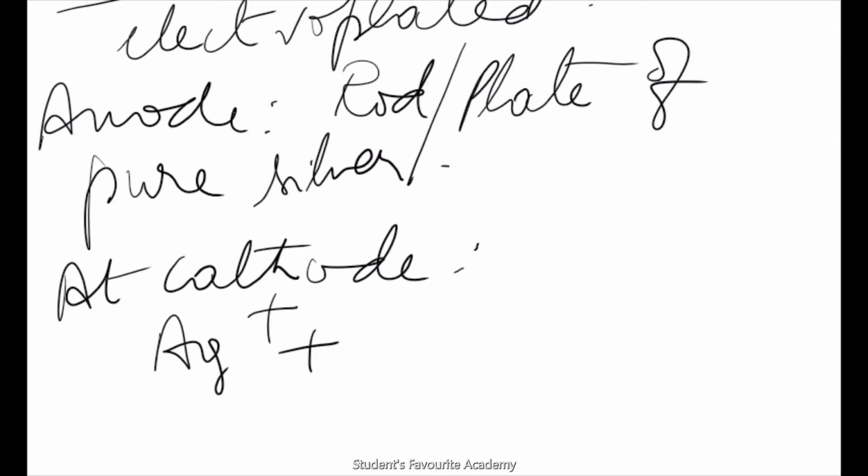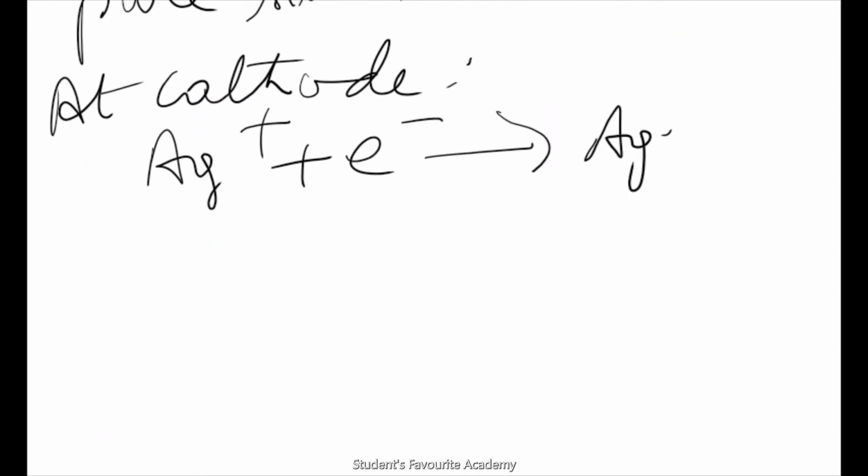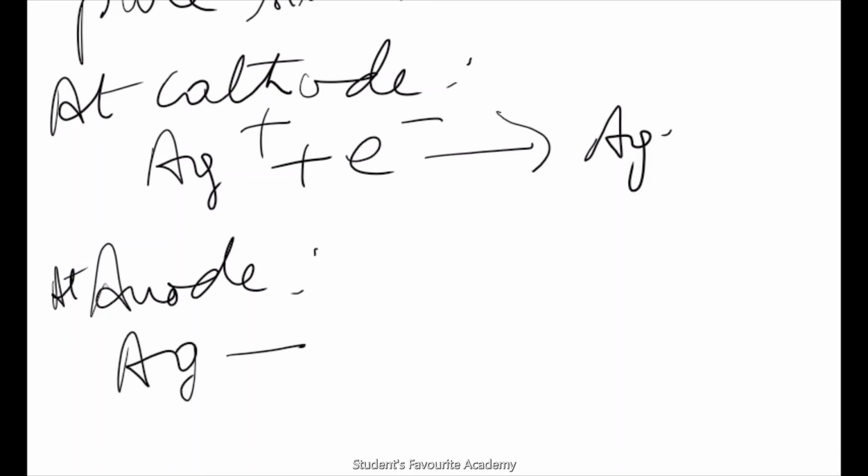So at the cathode, Ag+ accepts electrons and forms neutral silver. And at the anode, the silver from the anode itself loses electrons and forms Ag+ ions, which go into the electrolyte.